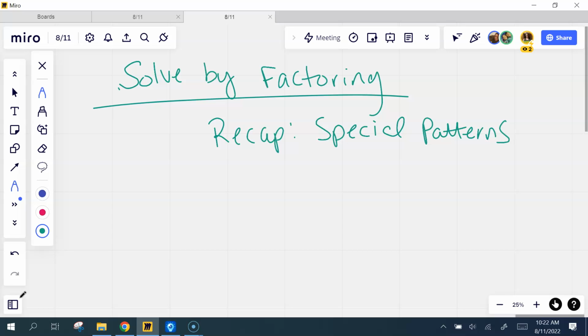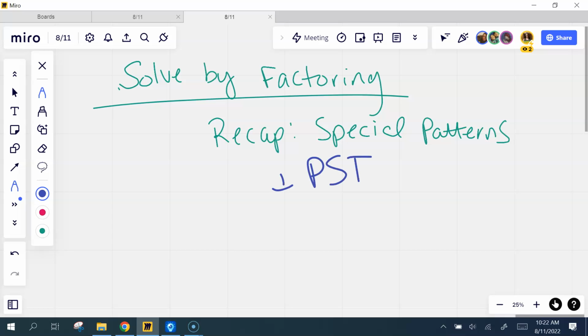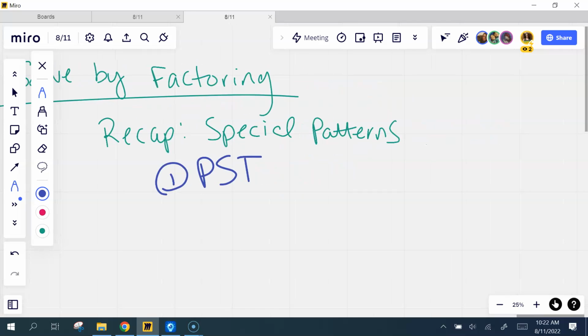Okay, recap special patterns. We have two. What's that? Perfect square trinomial. I'm going to give you the formula.